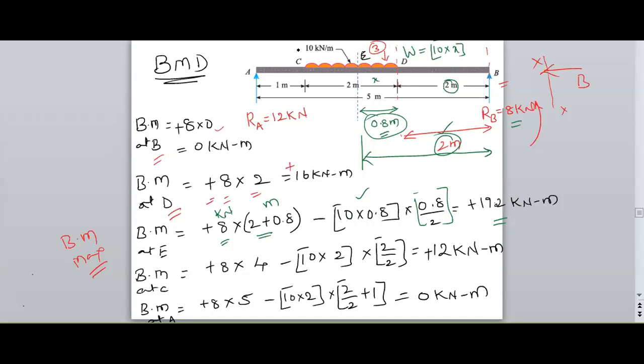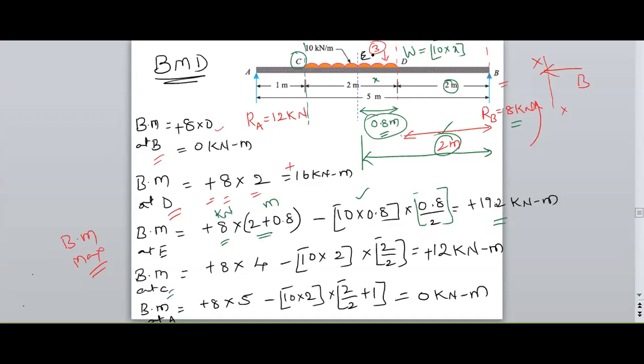And next, I need to shift to C. The bending moment at C means the section is at C now. The forces on my right hand side are RB and the total UDL.